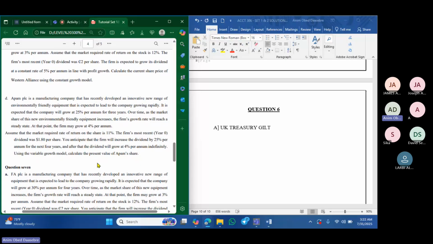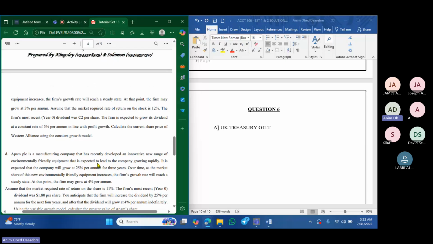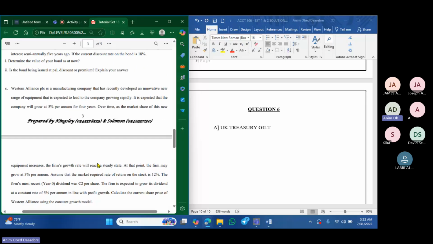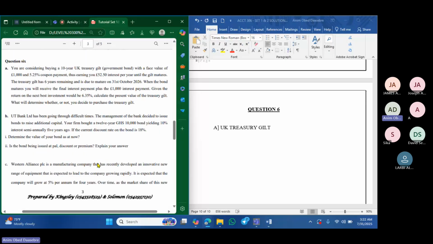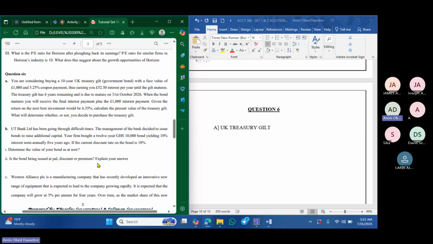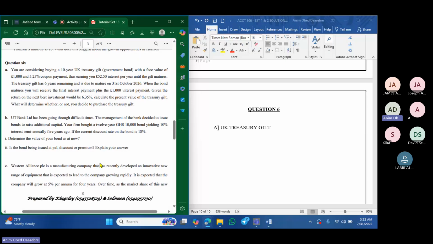So as you can see, all the parts of question 6 give us different scenarios and situations that we are going to use to find the present value. Usually when you want to solve a question, you have to list the information in the question.